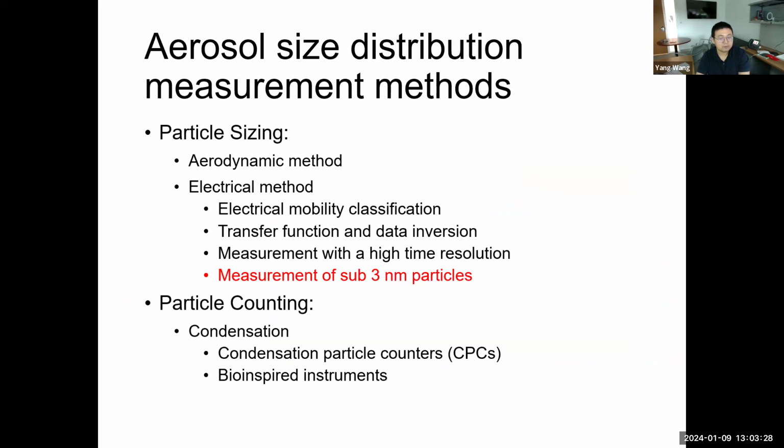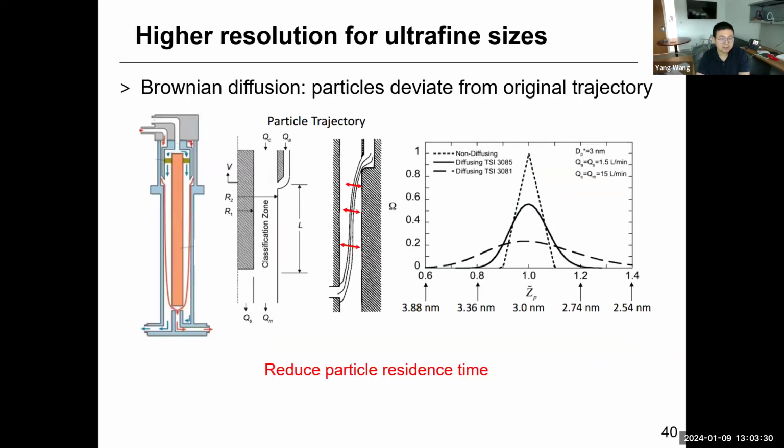There are also needs for monitoring particles with smaller sizes. As I mentioned, particles of smaller sizes tend to diffuse more, right? So for example, when we're classifying 3 nanometer particles with the long DMA, then you can see particles as large as 3.88 and as small as 2.54 nanometer are all getting classified.